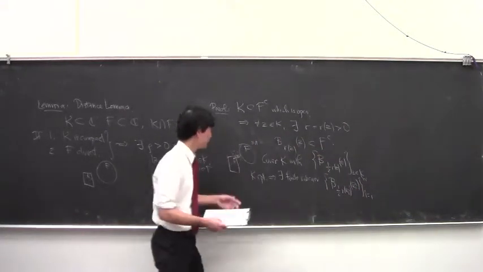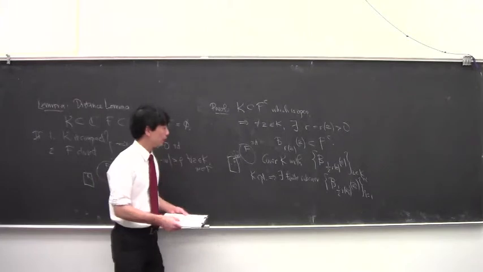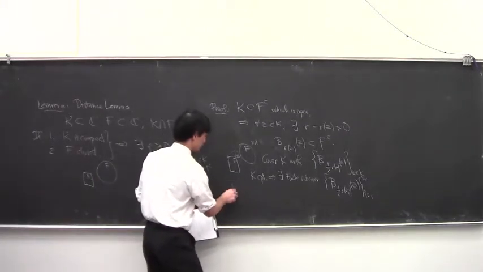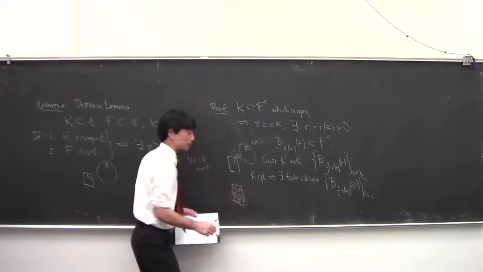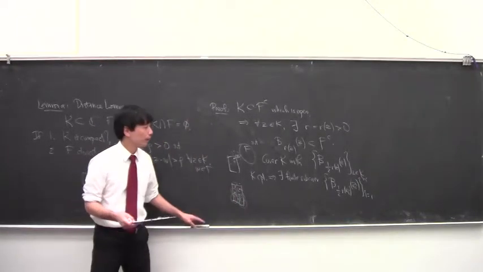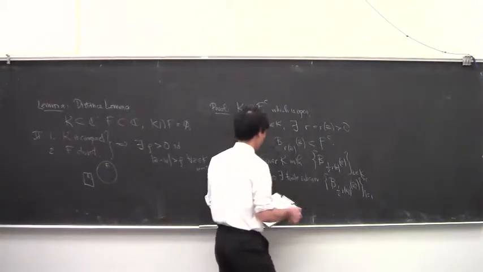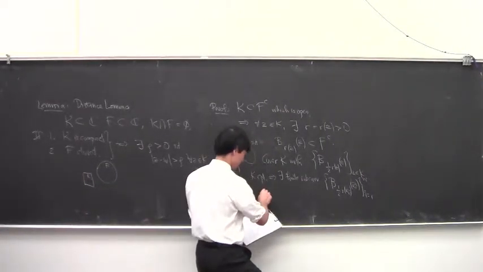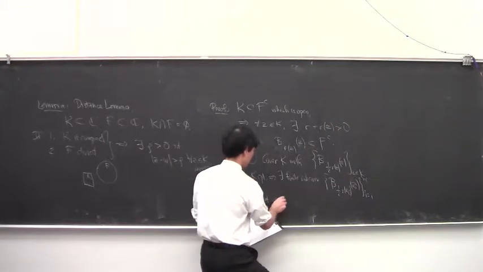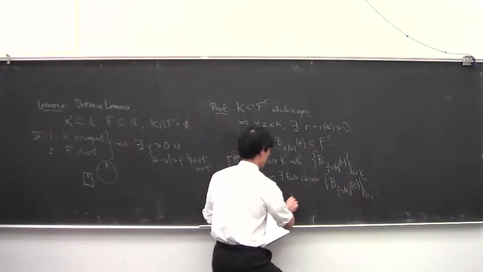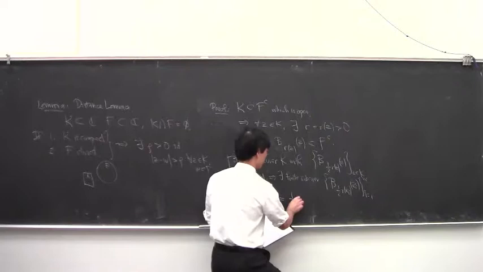We can choose finitely many points so that their half radii cover the whole thing. And we let rho equal the smallest of these half radii.